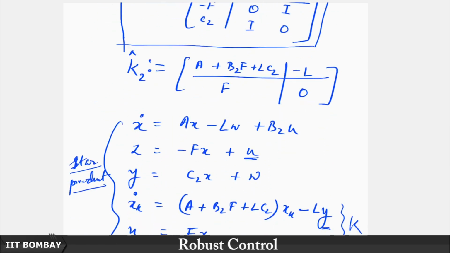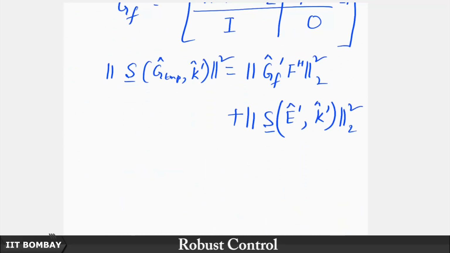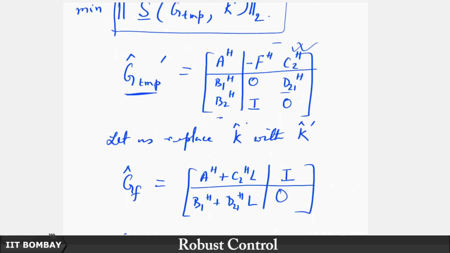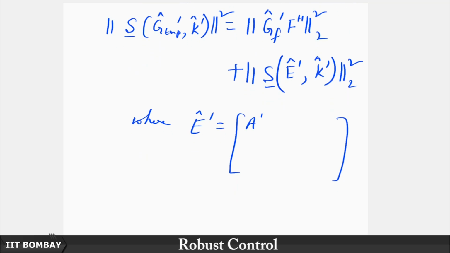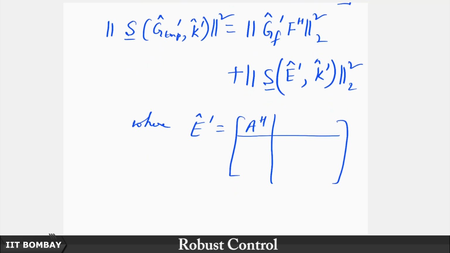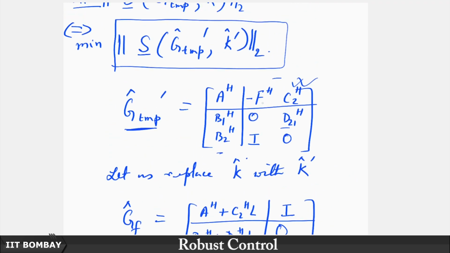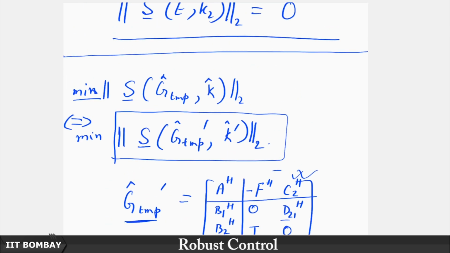So, if you start with G hat TMP, then E hat prime, sorry I missed this prime, E hat prime is going to be given by, so look at G hat TMP, you will have A Hermitian as before, okay, all right, and you will have the B part remains the same.